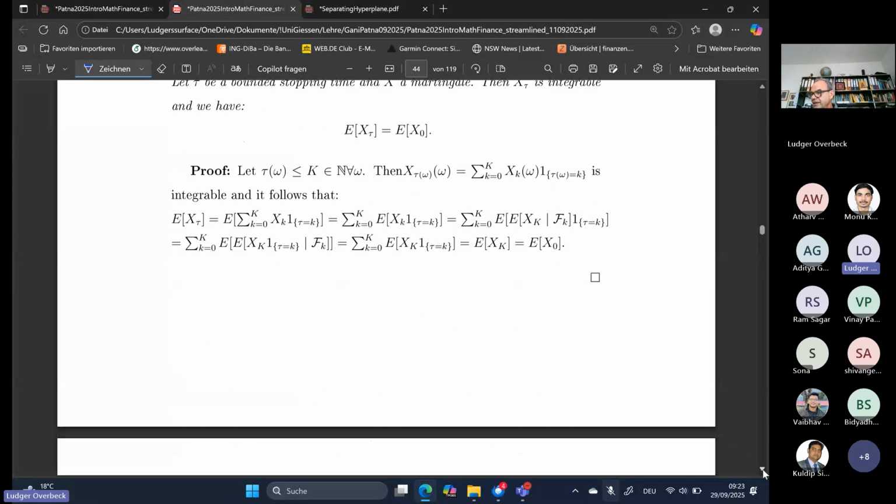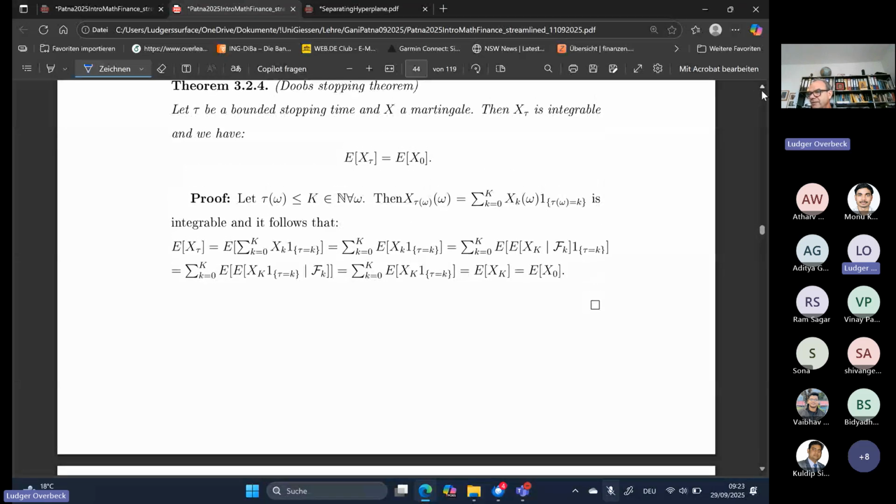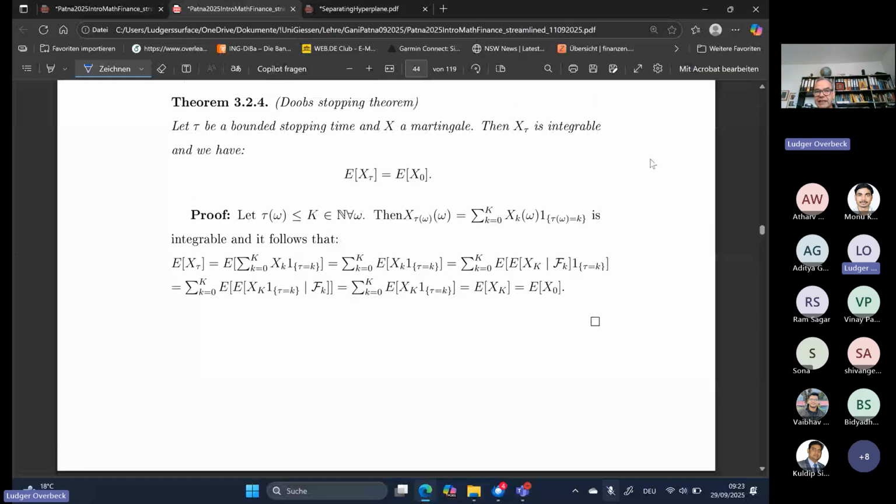But then Doob, who more or less invented the mathematical theory of martingales, because a lot of this goes back to Doob, already figured out that on average you also don't gain, as long as you have a bounded stopping time.